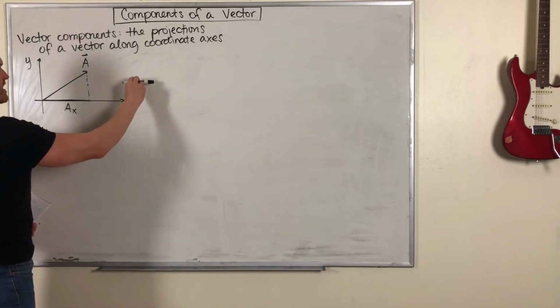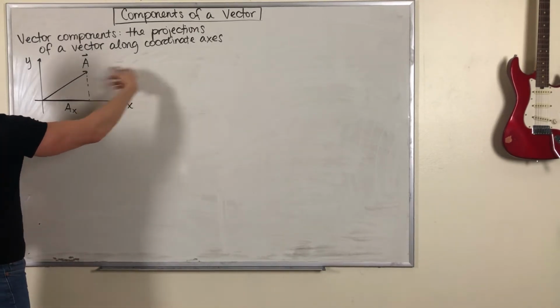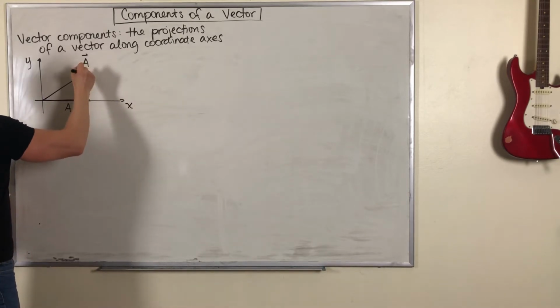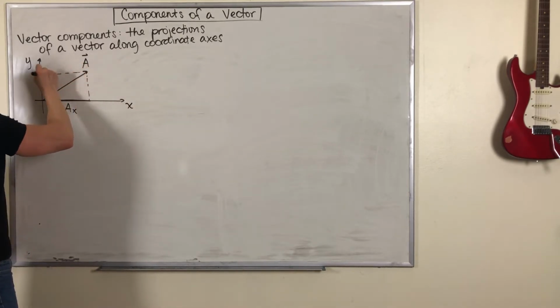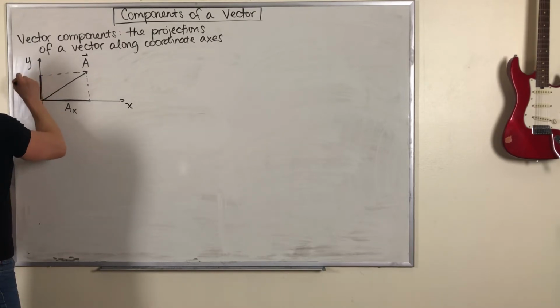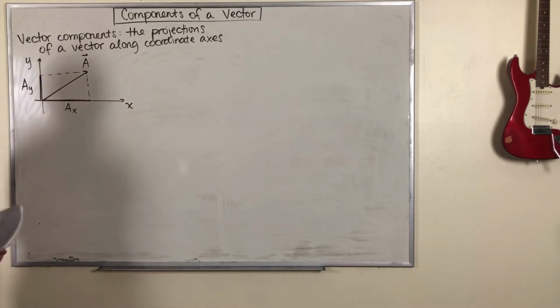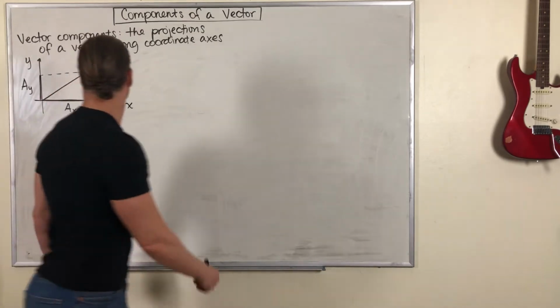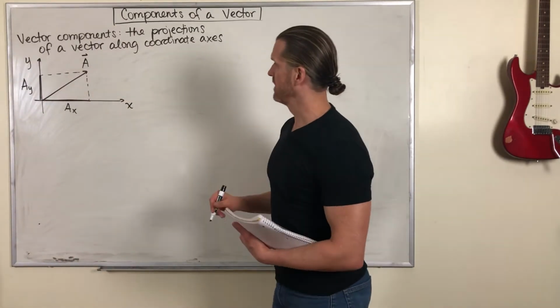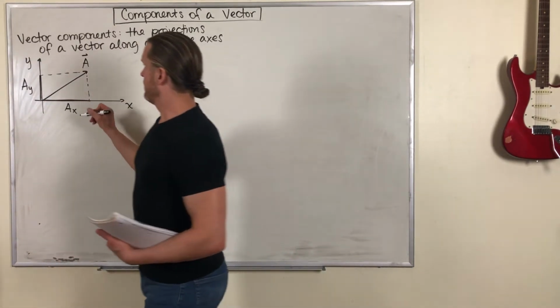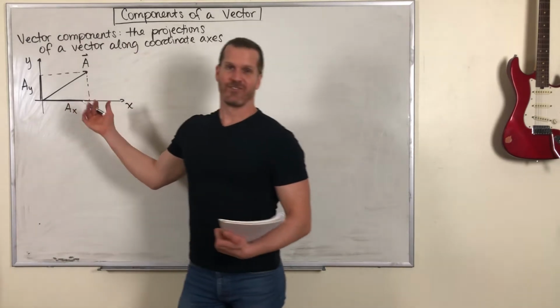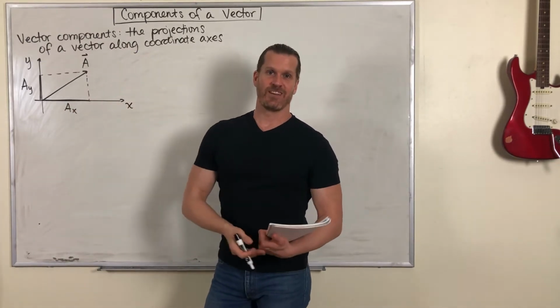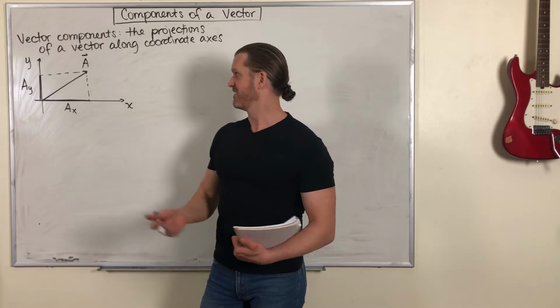Similarly, you could imagine a light bulb over here shining a light on vector A. It would cast a shadow on the y-axis, and the length of that shadow would be the y component of vector A. Now, you might notice this looks an awful lot like right triangle trigonometry.